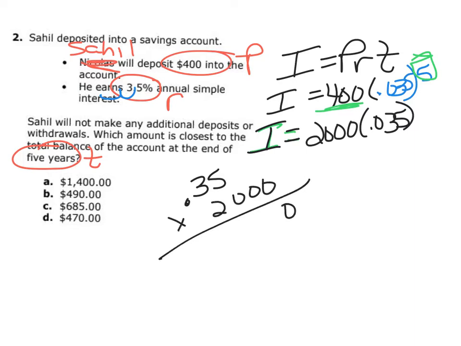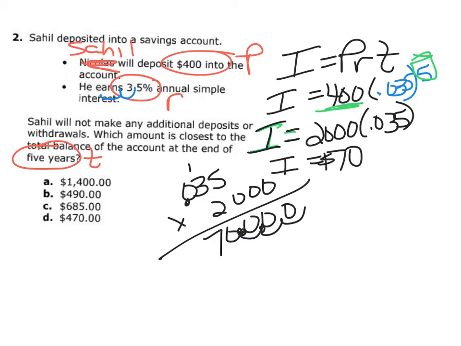So I'm bringing down the zeros. 2 times 5 is 10. 2 times 3 plus 1 is 7. You have 2 decimal places. Oh, actually, it's 3 decimal places.